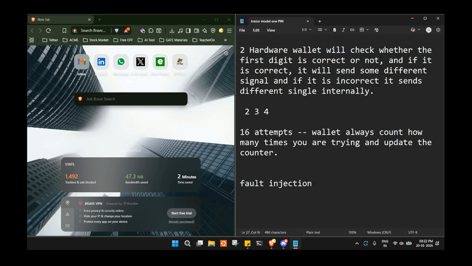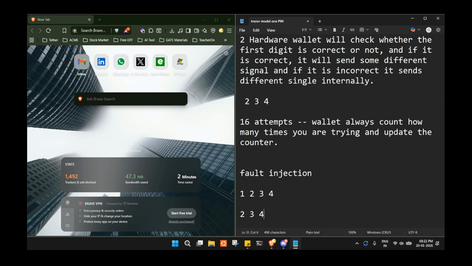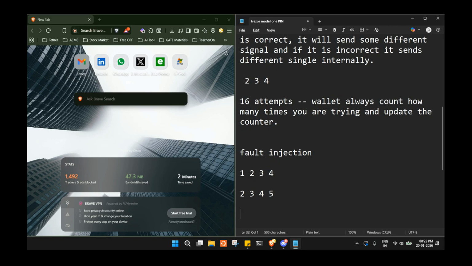You send some signals, so it will forget what it was counting. And if you have unlimited attempts, definitely you are going to crack it, because you can just write a script which will keep trying 1, 2, 3, 4, then 2, 3, 4, 5, and it will keep doing that.